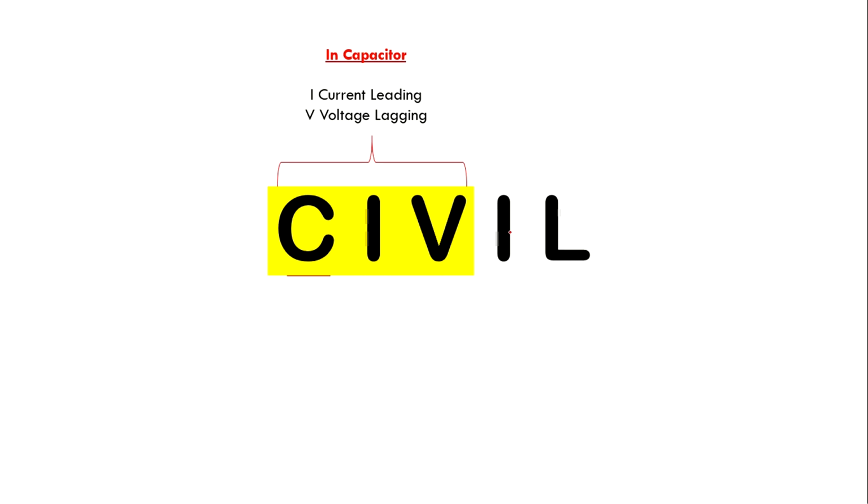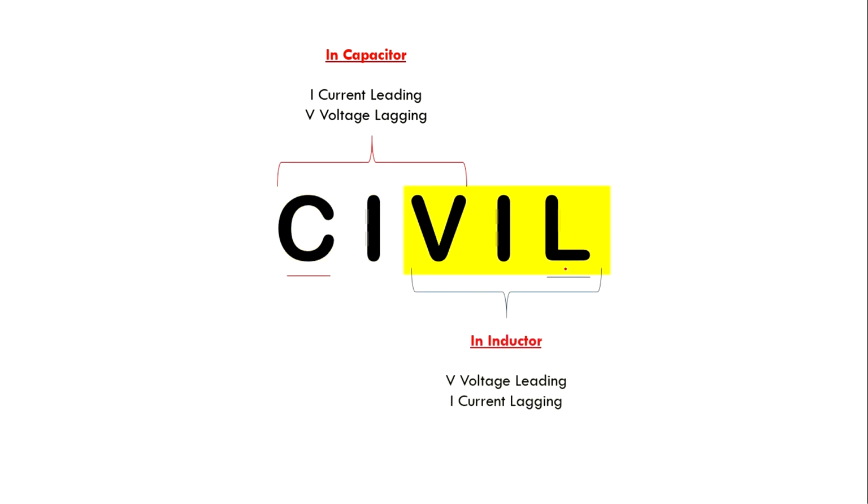Similarly, here we have L. It is with respect to the inductor. You can see here L represents inductor. Again come from here. First we have voltage and then we have current. Here voltage is leading, current I is lagging. This is how we can remember the lagging and leading of voltage and current in a capacitor and inductor.